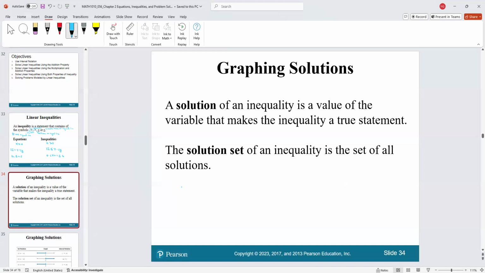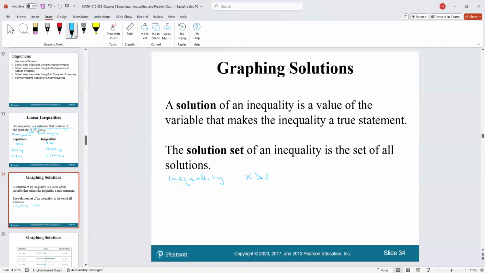For example, if we want to do a graph, we have the inequality x greater than 3.